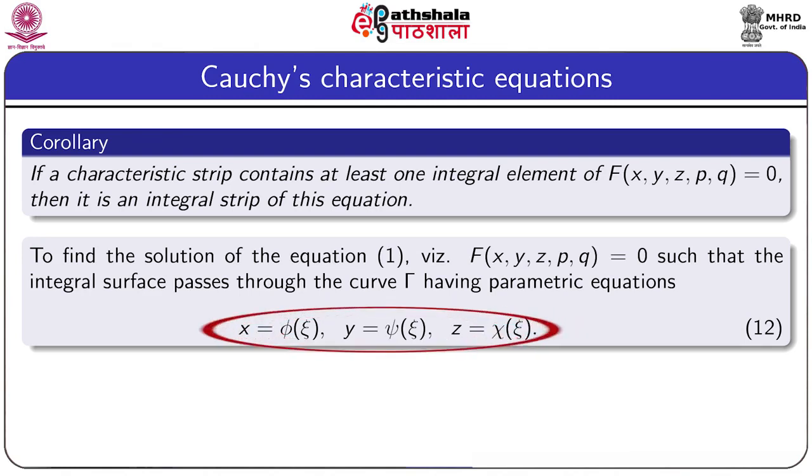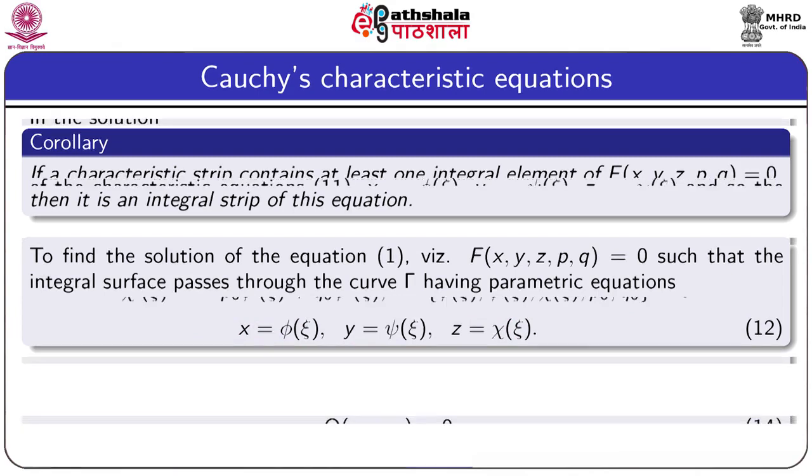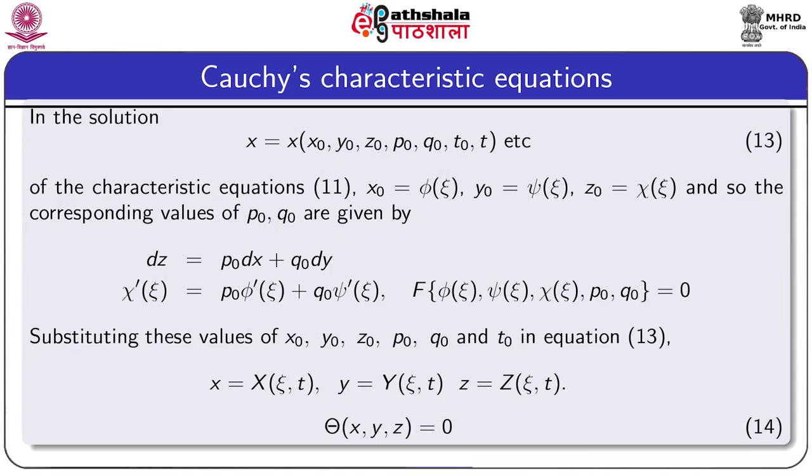Small x is some function of zeta, y is some function of zeta and z is some function of zeta. And we know that for a given equation we can find Cauchy's characteristic equation, which is a set of 5 ordinary first order differential equations, written in equation number 11.